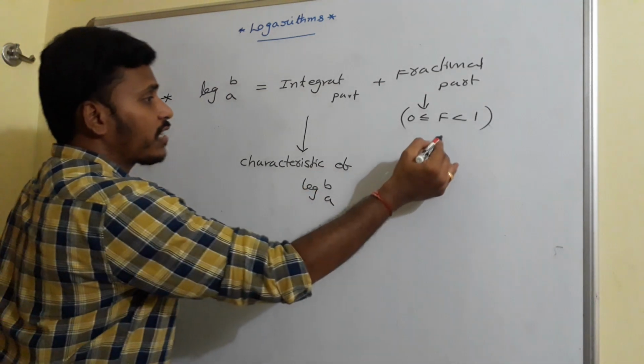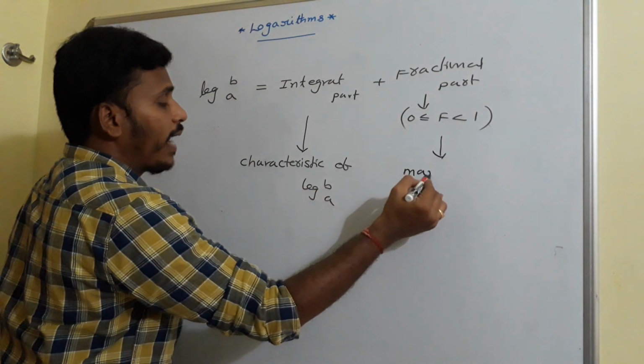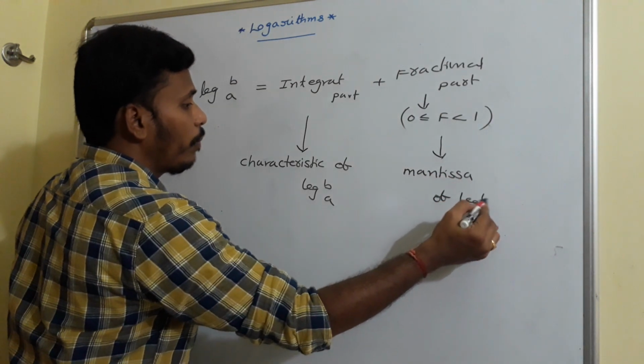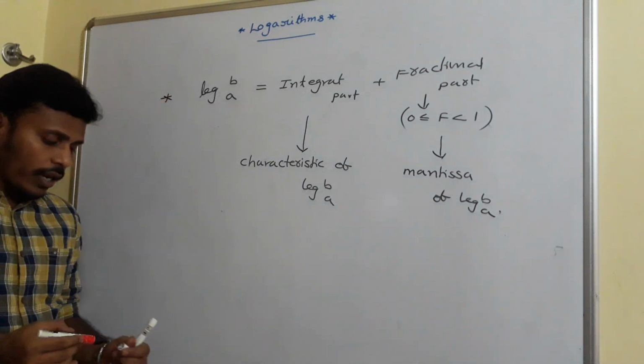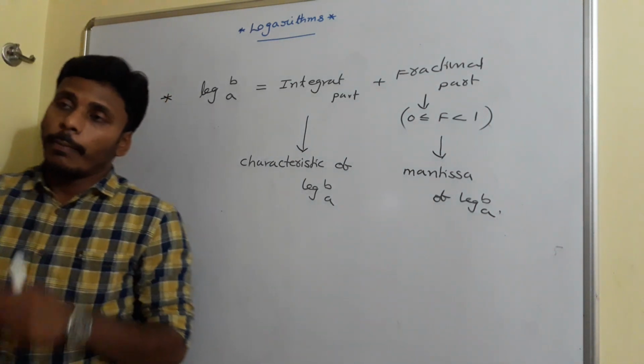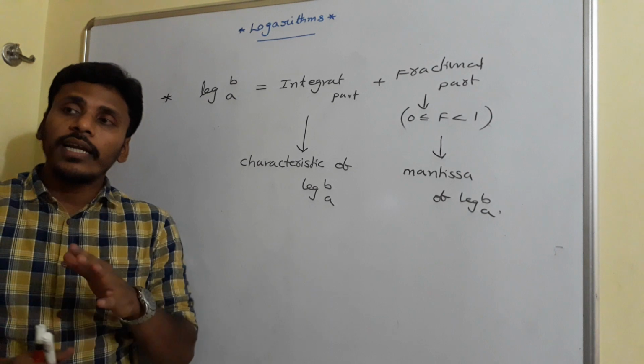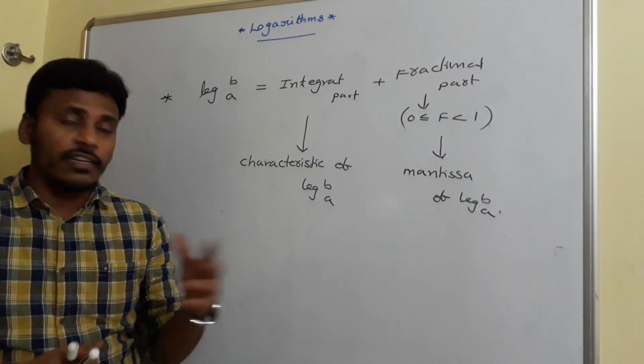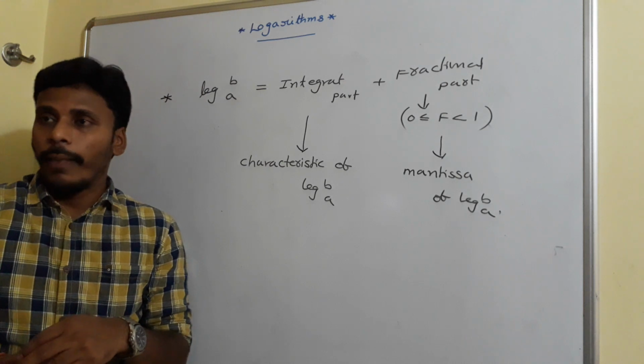Whereas this fractional part is called the mantissa of log b base a. So keep in mind that every number usually has an integral part and a fractional part, but specifically in logarithms, that integral part is considered the characteristic and that fractional part is considered the mantissa.